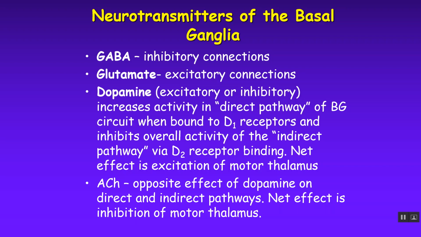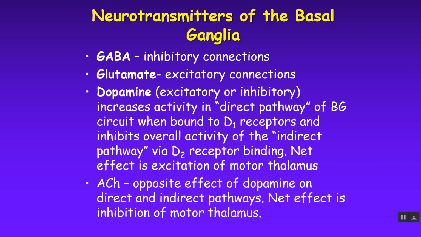If it's an excitatory connection, it's going to use glutamate, which is the primary excitatory neurotransmitter in the nervous system. There's two other ones that are important to know. Dopamine is involved with this circuit. The interesting thing about dopamine, it can be excitatory or inhibitory depending on the type of receptor it falls in within the basal ganglia. Okay?